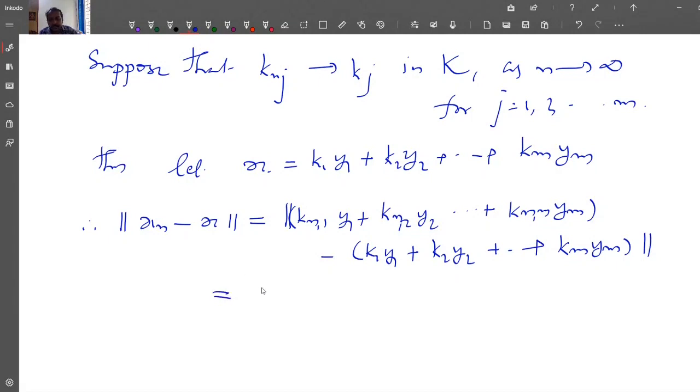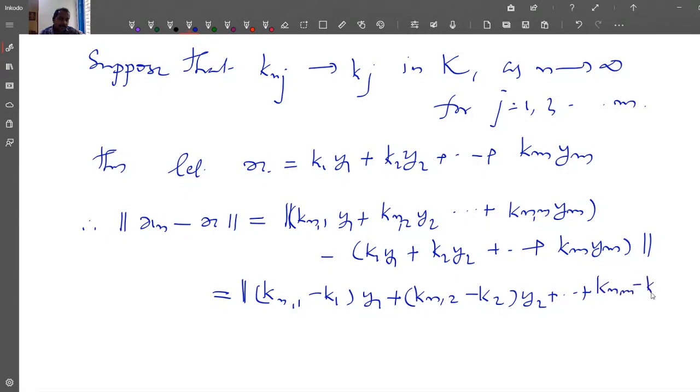So this is equal to (k_n1 minus k1) y1 plus (k_n2 minus k2) y2 plus etc. plus (k_nm minus km) ym.